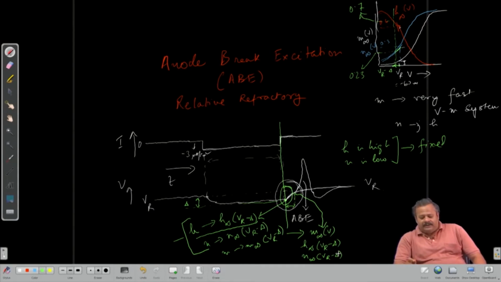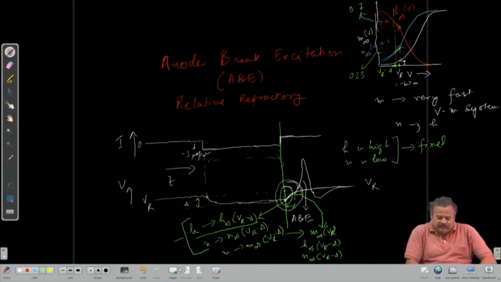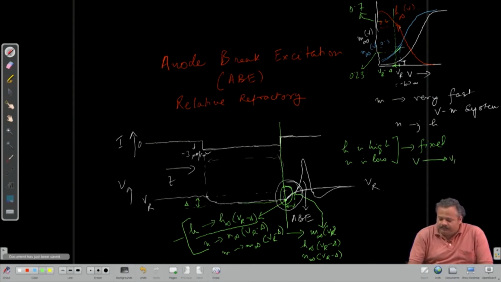So now what happens is that V has reached VR. Let us consider it here, V has reached VR, that is the resting membrane potential.